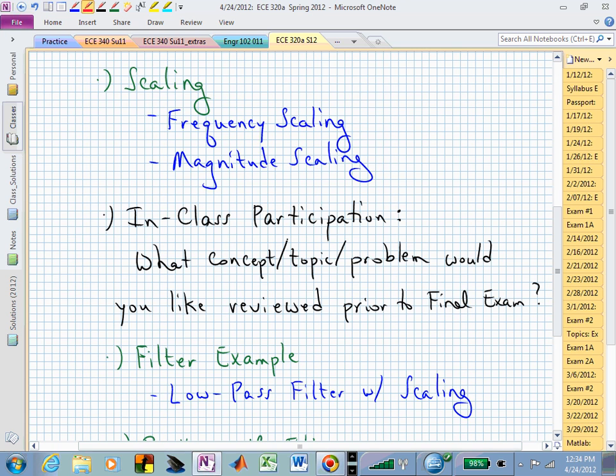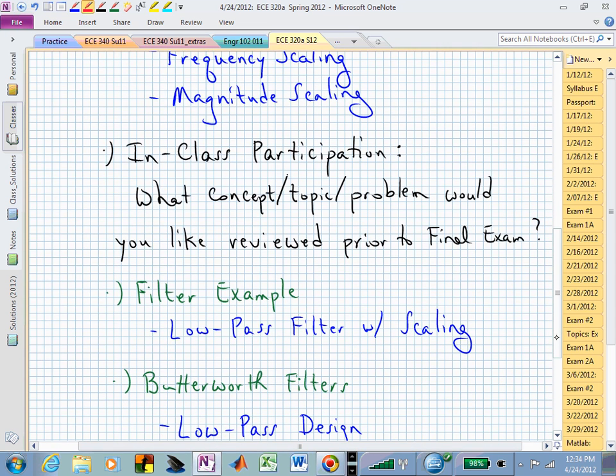I don't know if we will be able to coordinate with your schedules and my schedule a review session, unless you think that would really be helpful. But we'll see. So give me your thoughts on what you would like to see reviewed for the final exam, and then I'll see if I can maybe put that together in some effective form.